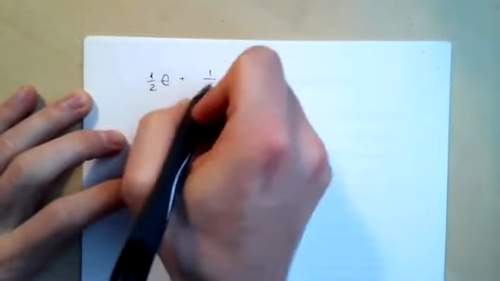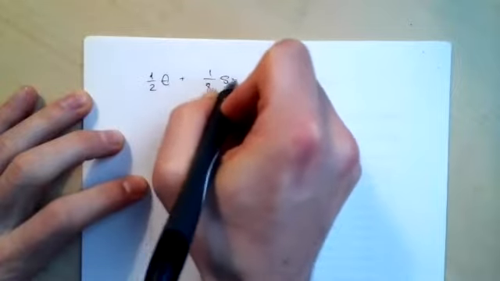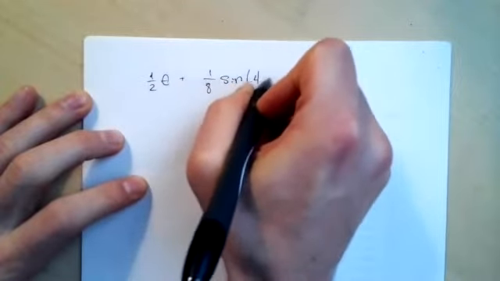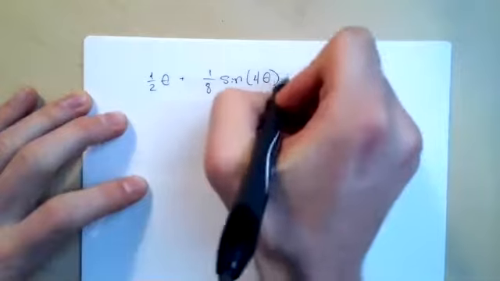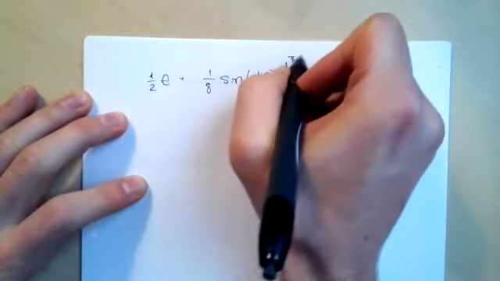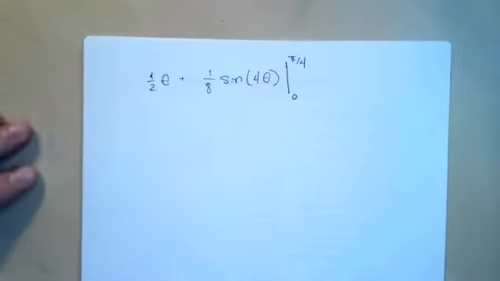And so what are we going to get? We'll get 1/2 times theta plus 1/8 times sine 4 theta, and then evaluate from 0 to pi over 4.